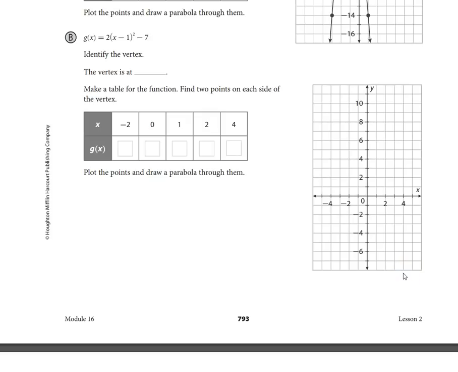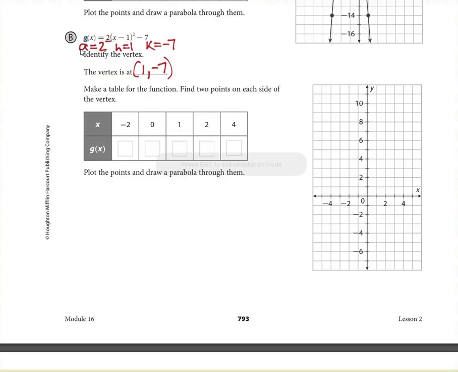All right, so let's look at one more example. In example B here, let's go ahead and label what a, h, and k are. a has a value of 2, h has a value of 1, and k has a value of negative 7. Now then, the vertex is located at (h, k).